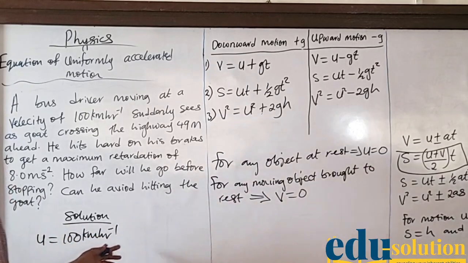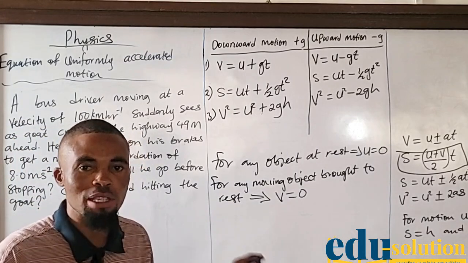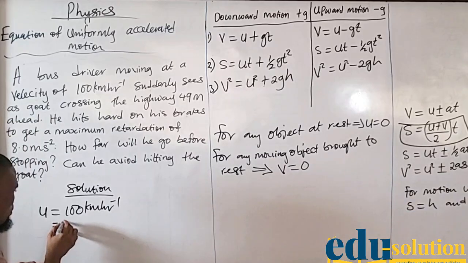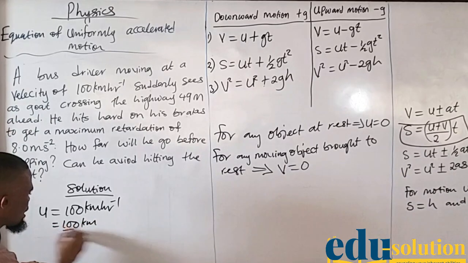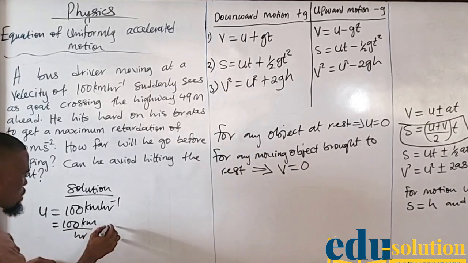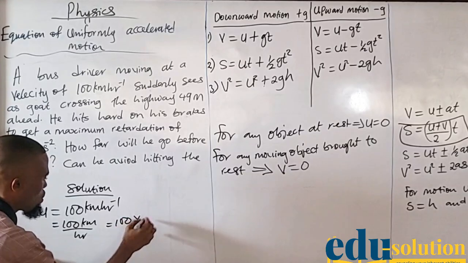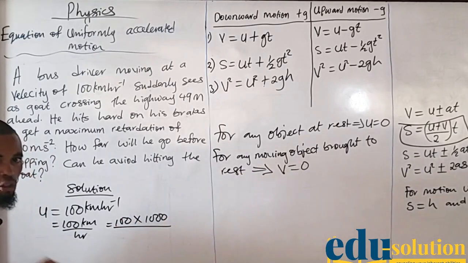Since the unit for velocity is not km/h but meters per second, we have to convert to meters per second. So we have 100 kilometers per hour, which is the same thing as 100 times 1000 meters for a kilometer, over an hour. How many seconds do we have in an hour?